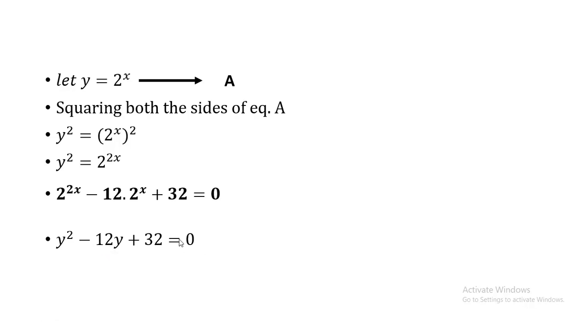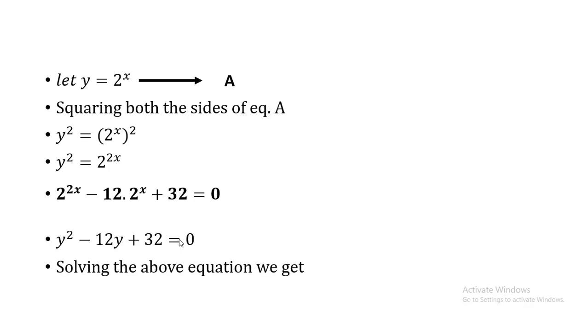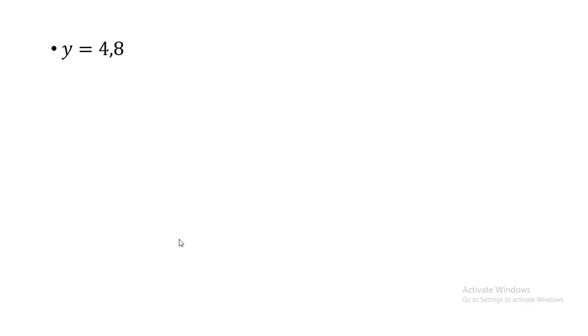That is what I wanted, to reduce the equation into quadratic form. Now we solve it using the quadratic formula, or factorization if possible, or perfect square. The answers I got are y = 4 and 8.